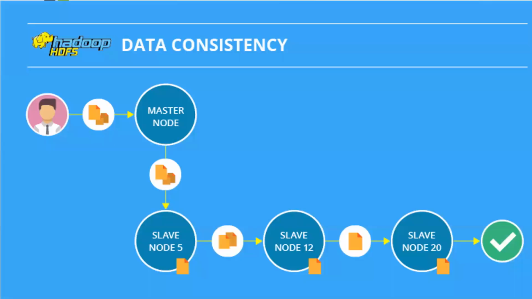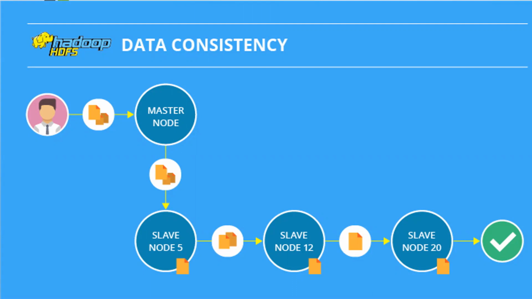Here we have an example of data consistency for HDFS. HDFS will write a file and create two replicas. In this case, the system will refer to node 5 first. Then node 5 will ask node 12 to store a replica, and finally, node 12 will ask node 20 to do the same. A write is considered successful when all replicas have been successfully written.